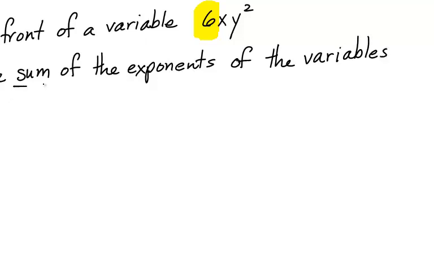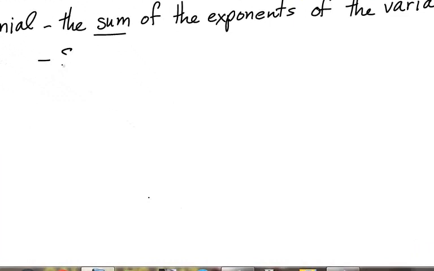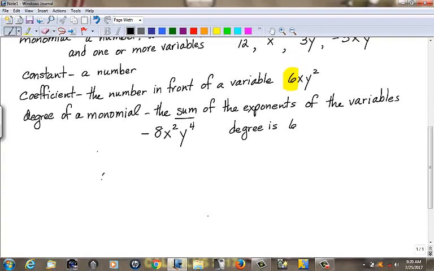And sum means you add. So it's the sum of the exponents of the variables. Okay, so if I had a negative 8x to the second y to the fourth, the degree of that monomial is 6. 2 plus 4 is 6.